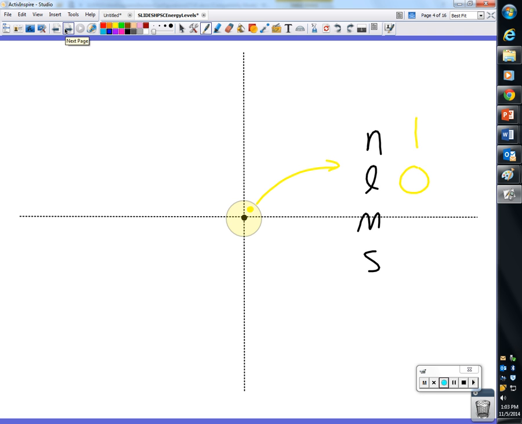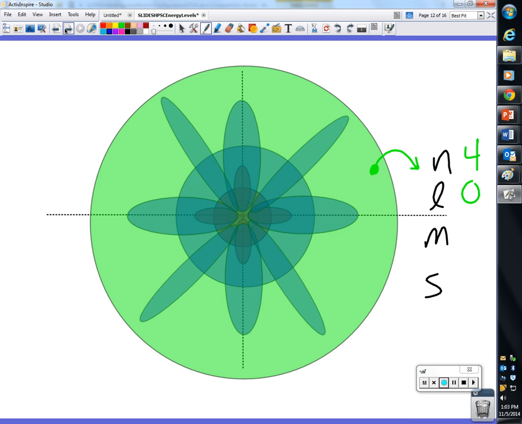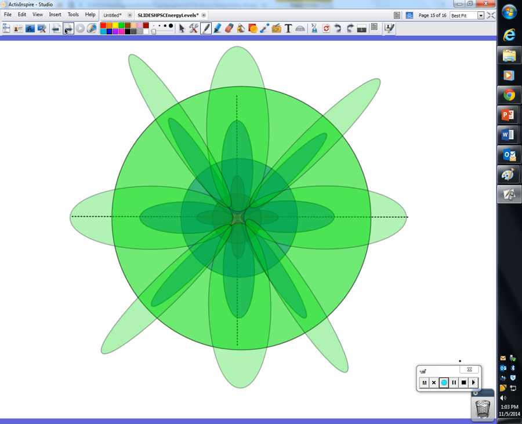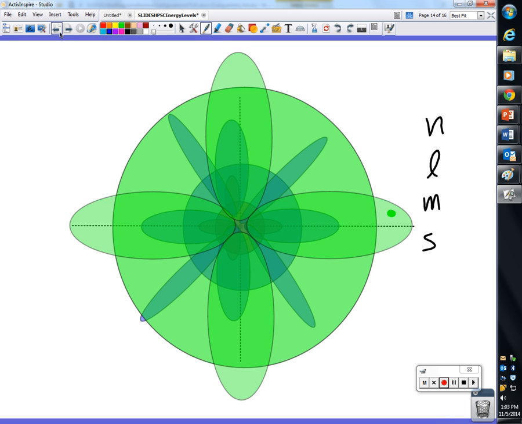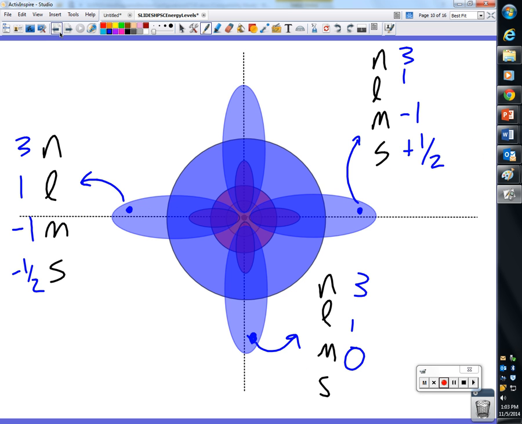Over last week, we got it all the way up to here. And there were a lot of questions, a lot of confusion, but we fought through it. And then we added this, we started adding the numbers on. But then today, you guys whipped out the orbital diagram for phosphorus like this.